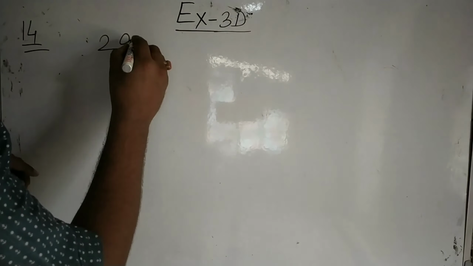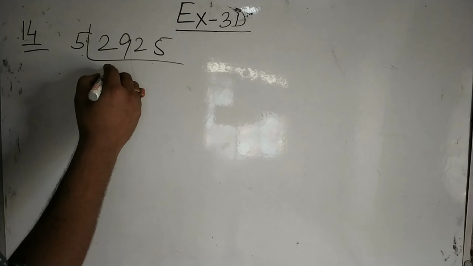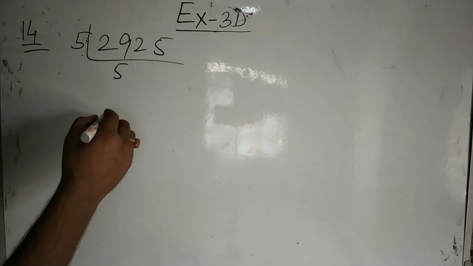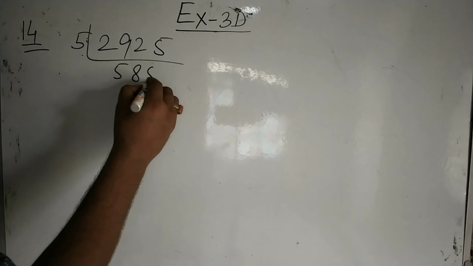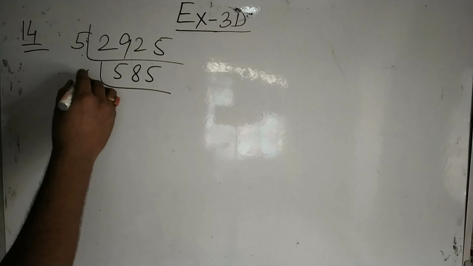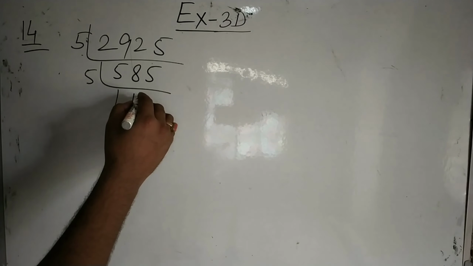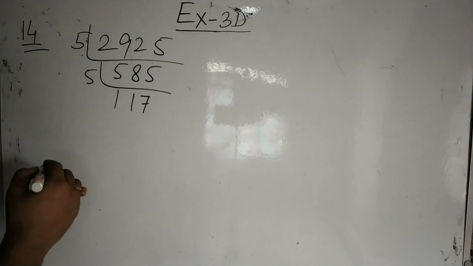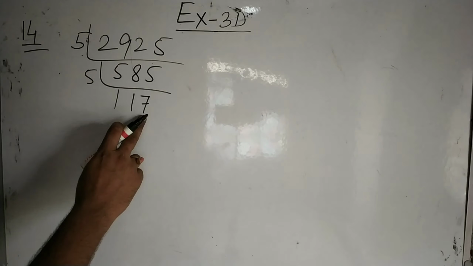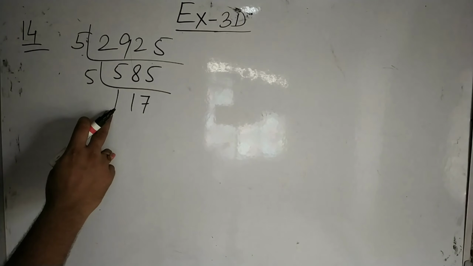The last digit is 5. So this will be divisible by 5: 5 5s are 25, 4 in hand, 5 8s are 40, 585. Again 5, 117. Okay, 1 plus 1 plus 7, 9.